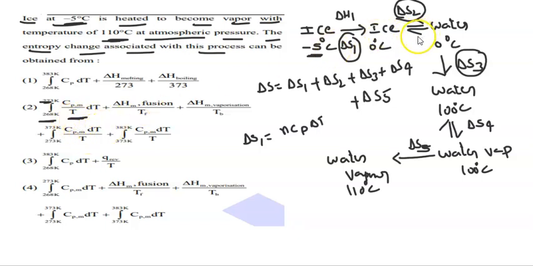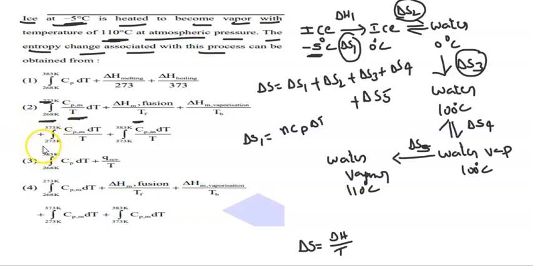And the second one is the phase transfer. For phase transfer reactions, we know that delta S is equal to delta H by T. So for delta H, the value can be taken for the transfer of ice at 0 degrees centigrade to water at 0 degrees centigrade. That is delta H fusion by temperature. And now water has been changed to water at 100 degrees centigrade.